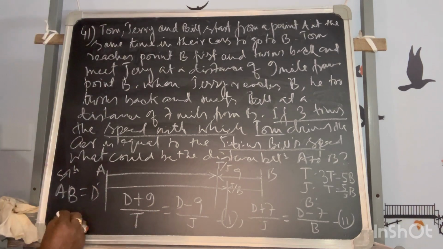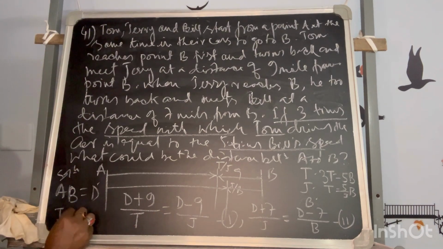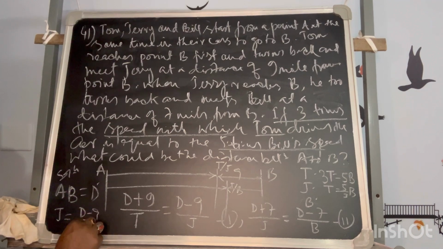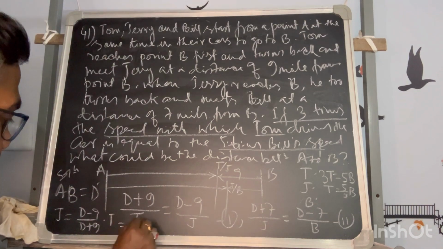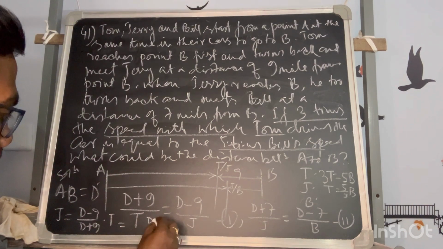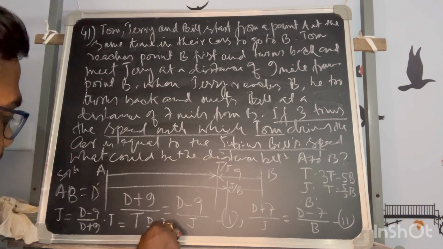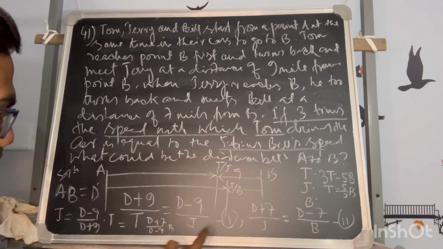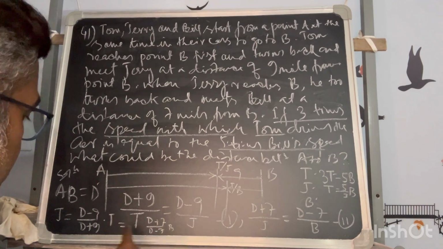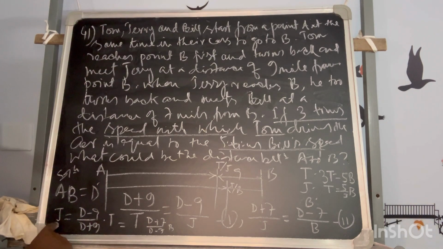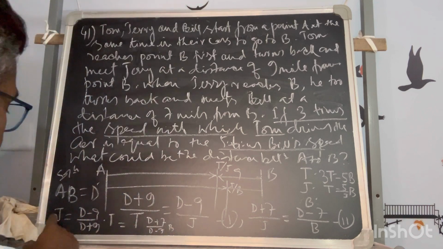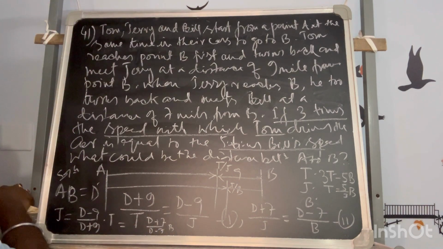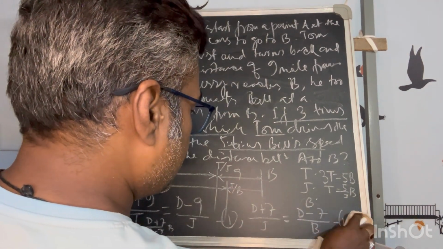From the first equation, J is (D minus 9) by (D plus 9) into T, and that is equal to J here, which is (D plus 7) by (D minus 7) into B. I am representing J in terms of T and in terms of B. So those are equal, and this is another equation.